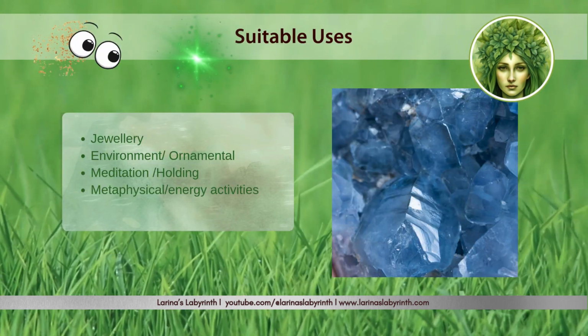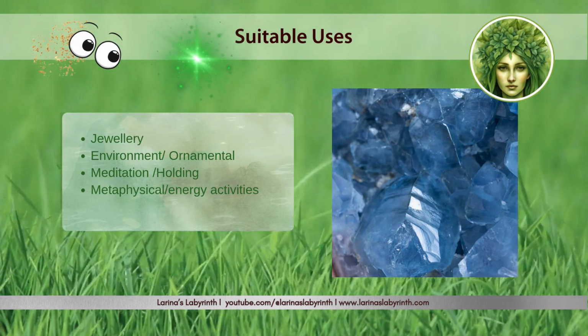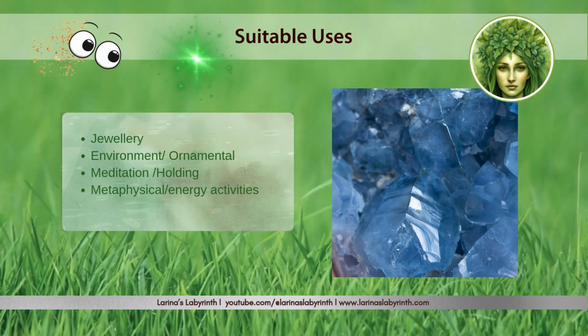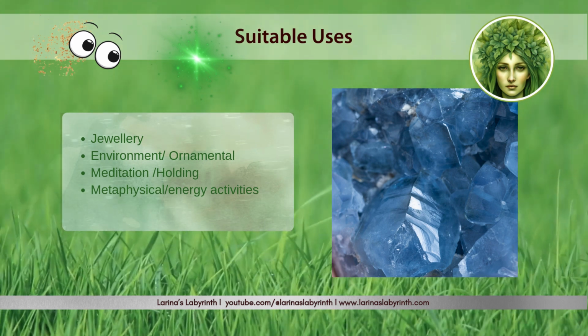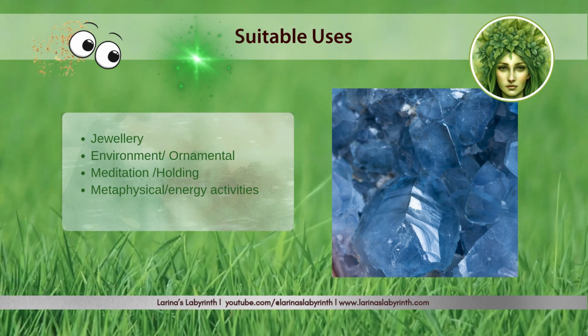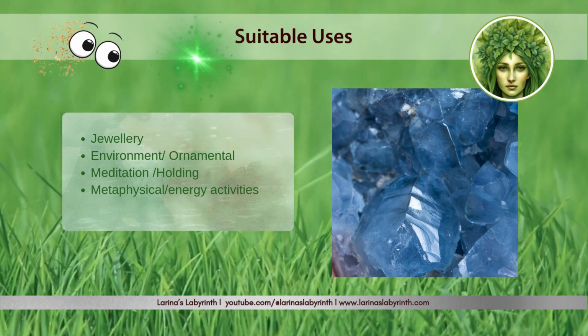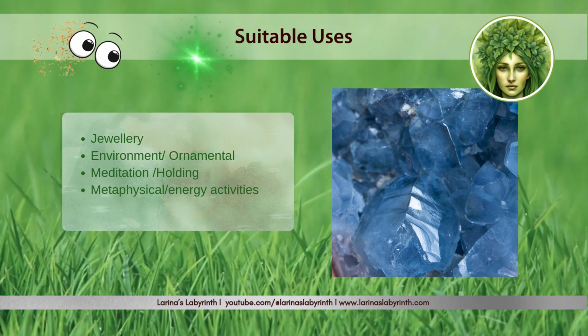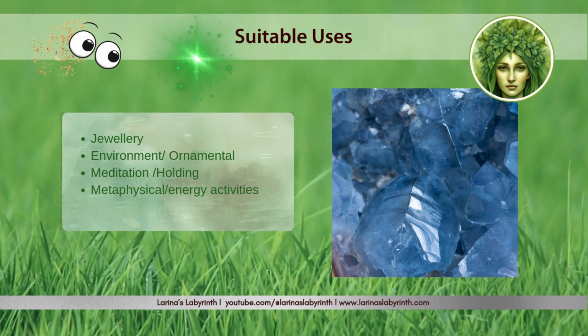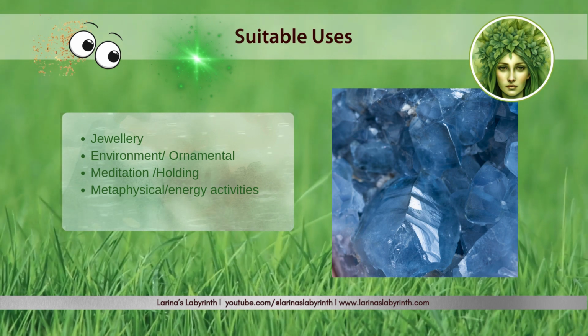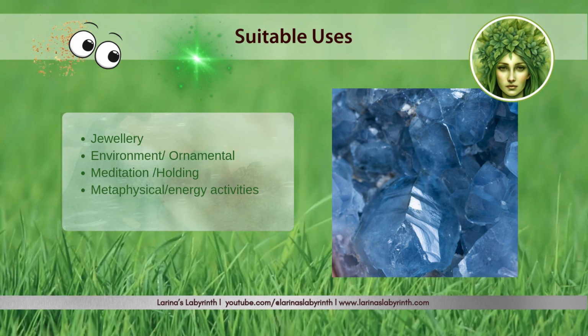Throughout the course of this video, I've spoken of a few ways that you can use Celestite. Clearly the first thing is jewellery, because we all love jewellery, don't we? Whether we're male, female or whatever, we can have the jewellery points, and the leather. That's quite common, to make little crystal pendulums out of it. But some of us like to have earrings or pendants or whatever.